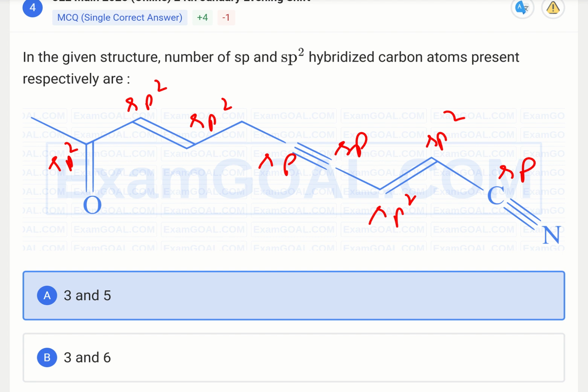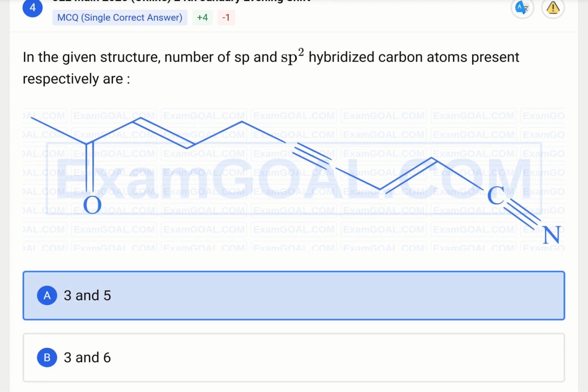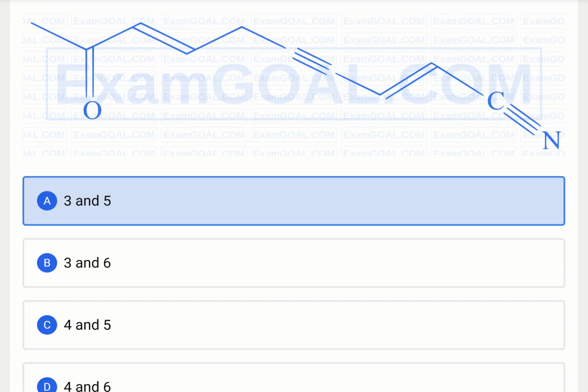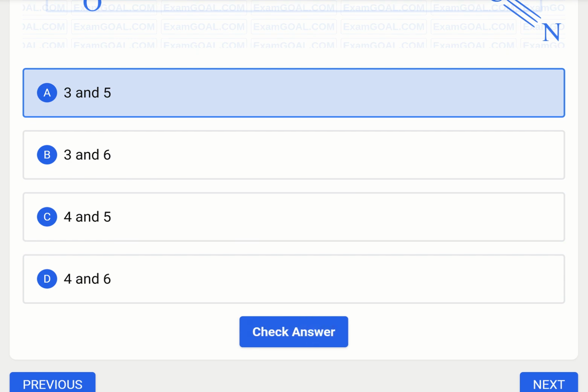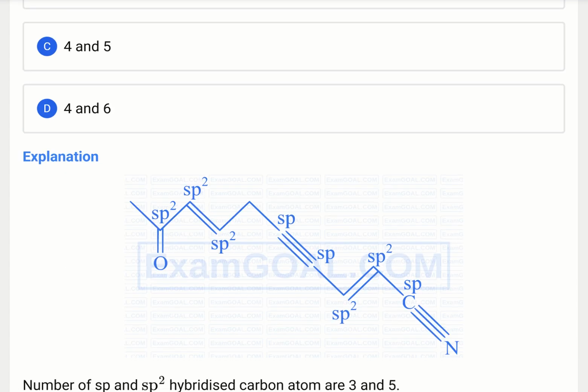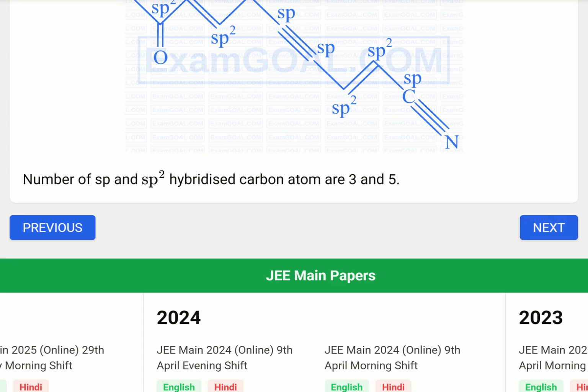Then I have got options 3 and 5. I already clicked the right option, 3 and 5. Yes, we got the right answer. Sometimes God has his own plans, so we are moving according to them.